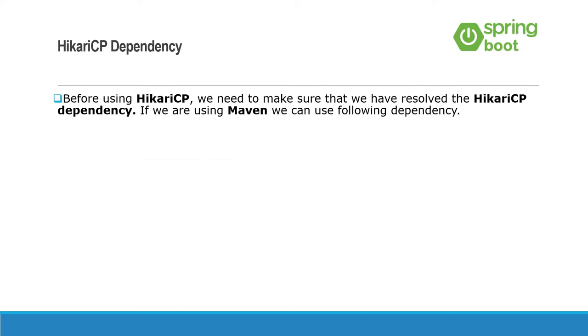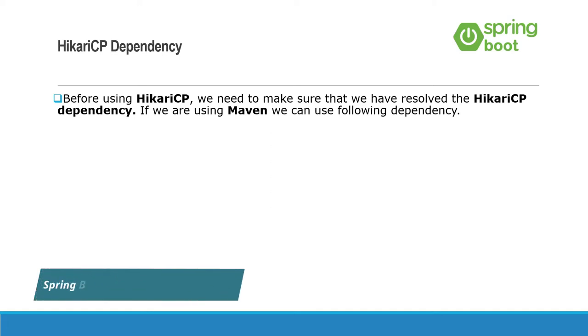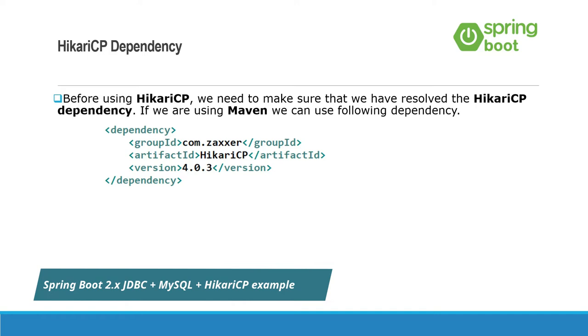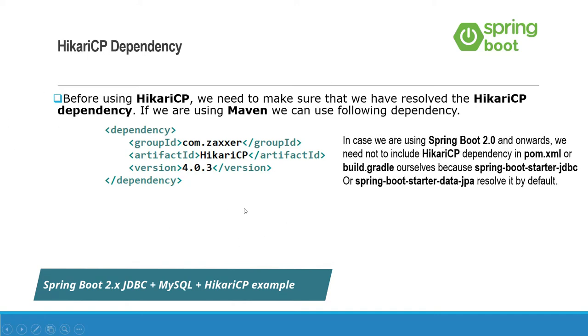All right, so let's talk about the Hikari connection pool dependency. Before using HikariCP, we need to make sure that we have resolved the Hikari connection pool dependency. If you are using Maven, you can use the following dependency in your pom.xml. That's the dependency you have to add if you are using Spring Boot 1.